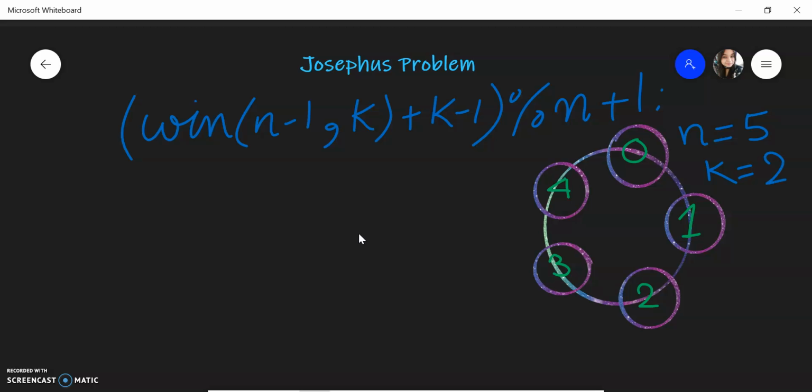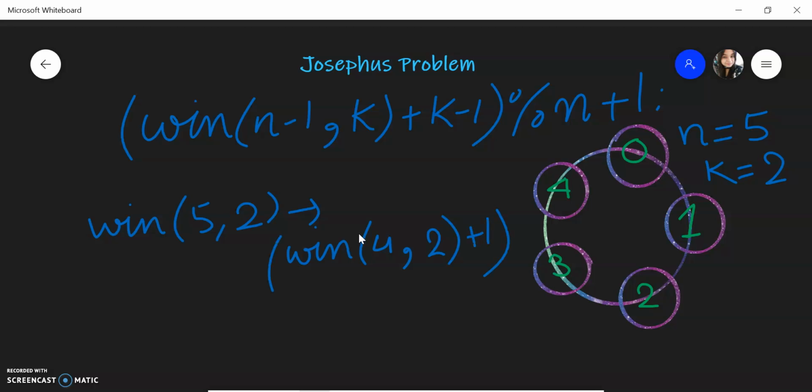So initially we'll be calling when of 5 comma 2. It will go to this formula and what will it return? When of 4 comma 2 plus 1 mod 5 plus 1.